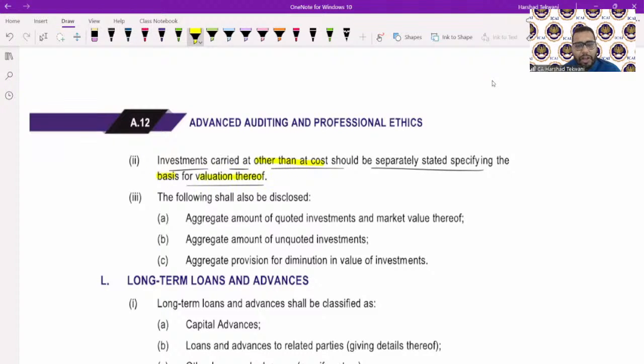What basis and valuation thereof? This is also required to be disclosed: aggregate amount of quoted investment, aggregate amount of unquoted investment, and aggregate provision for diminishing in value of investment. These three items are required to be provided for each and every investment which you have disclosed above.